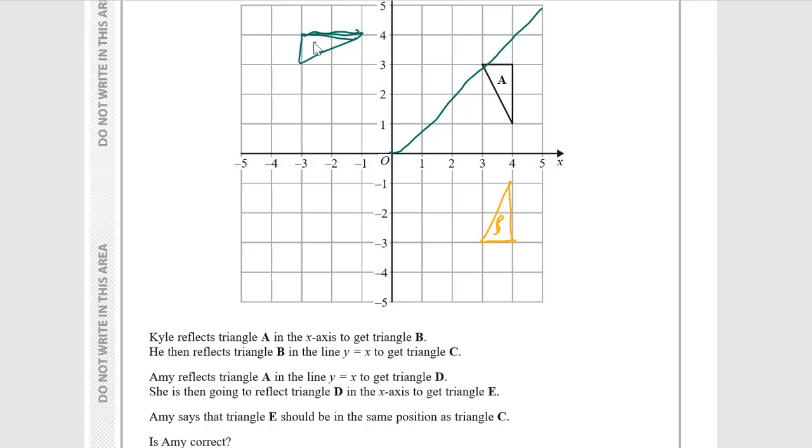Okay, so you get triangle C, and it says Amy reflects triangle A in the line y equals x to get D. So different color. If you reflect it, you get triangle D. And then she is going to reflect triangle D in the x-axis to get E. So this is the x-axis, and she's going to reflect it to get triangle E.